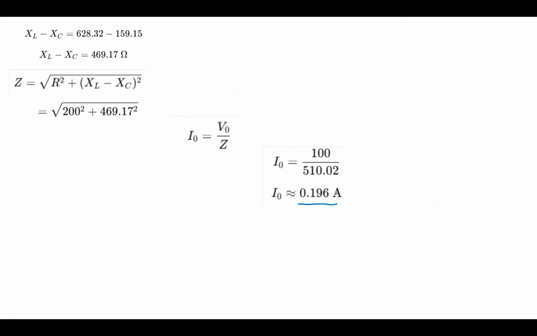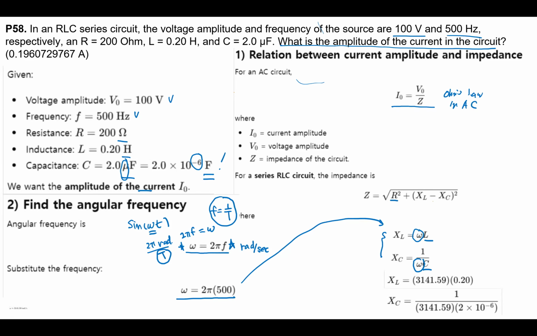So once again, it starts from the given parameters, and then the frequency should be changed into radians per second. That's one thing. And your capacitance, inductance, or resistance should be in the right unit: ohm, henry, farad. So it should be converted, whatever it is.